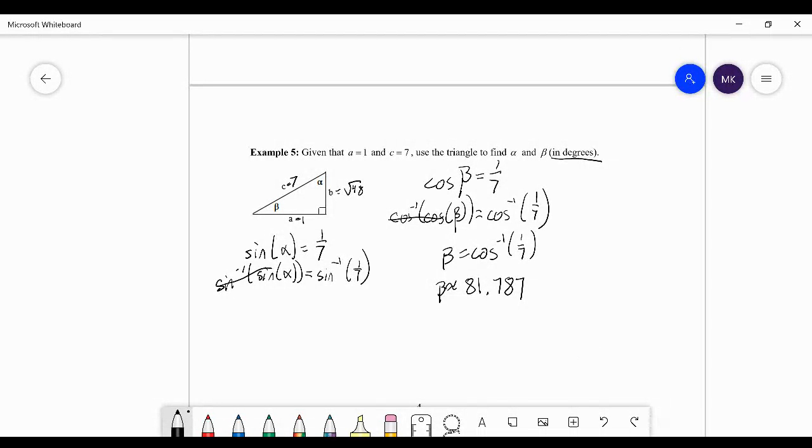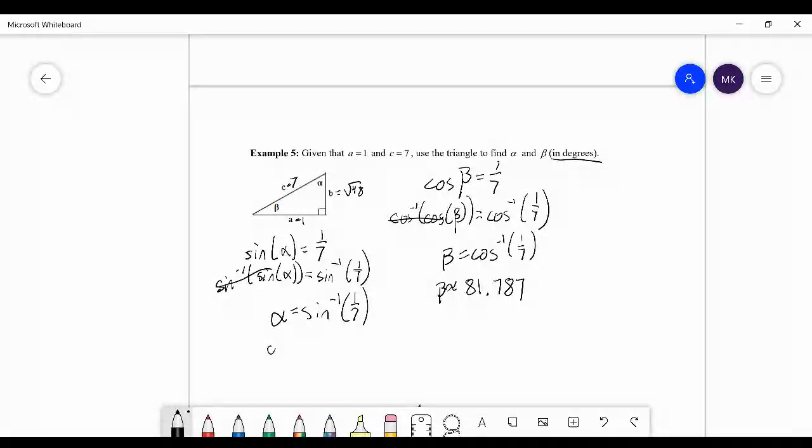Again, this cancels because alpha is acute. We know it works. So we get that alpha is equal to inverse sine 1/7. So alpha is approximately, if you do this on your calculator, 8.213, which is exactly the same thing we got when we just used our geometry ideas to find that.